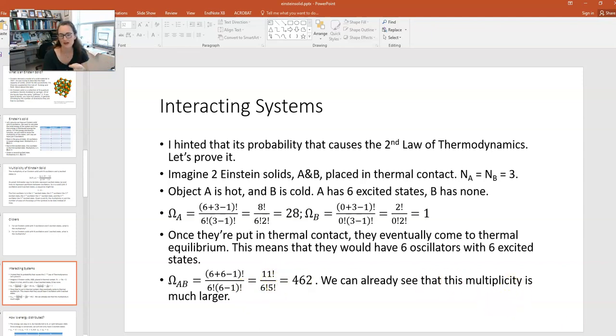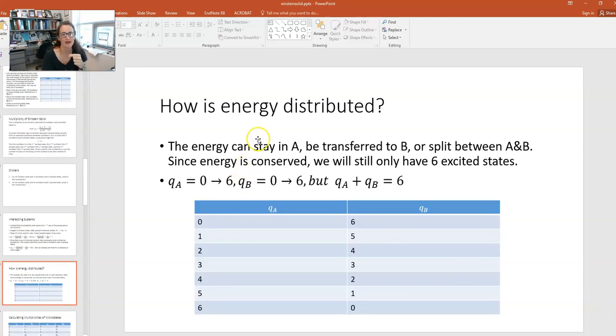Okay, now let's look at what's going on and how that energy might be distributed between A and B. Here are possible scenarios of what can happen. You place them in thermal contact, you let them come to equilibrium. Well, the energy could theoretically stay in A, or it could be all transferred to B, or there could be an even split between A and B, or some midpoint thereof, right?